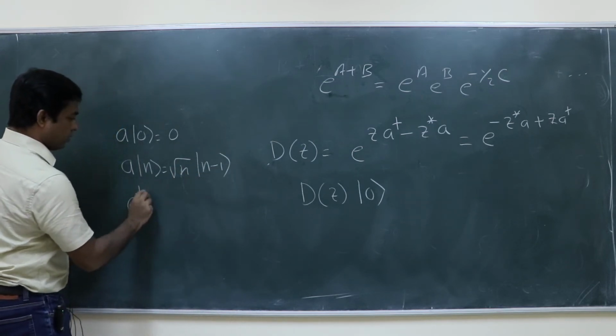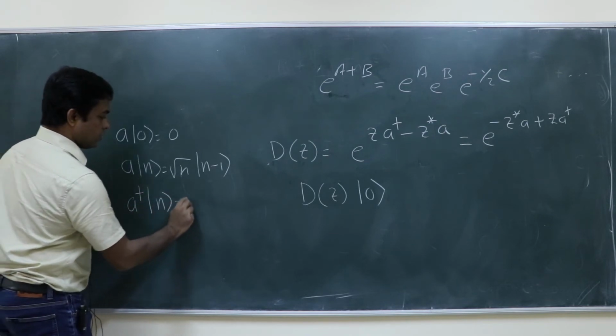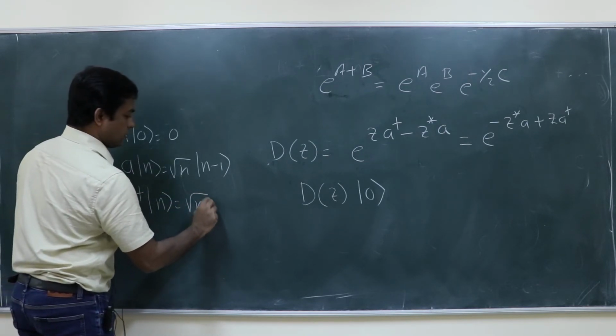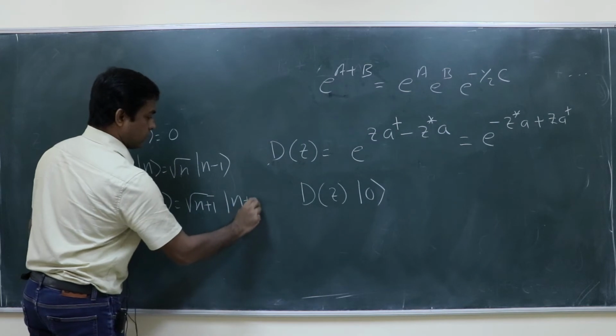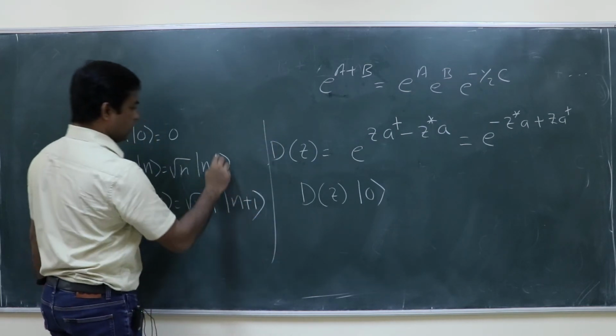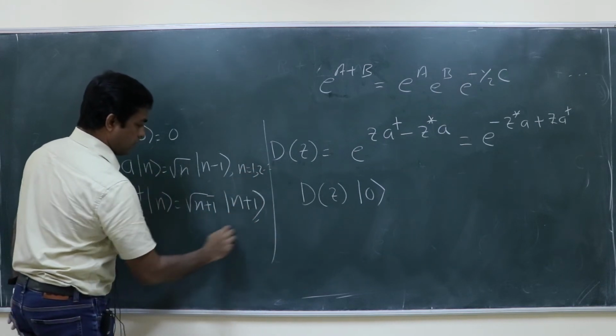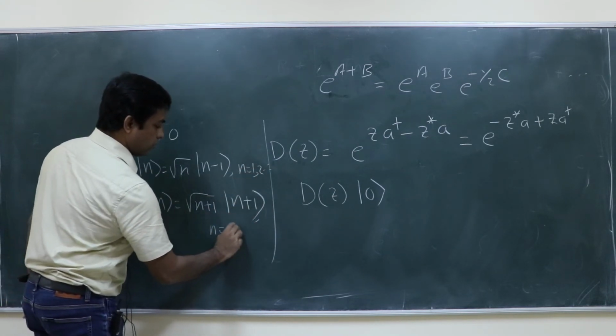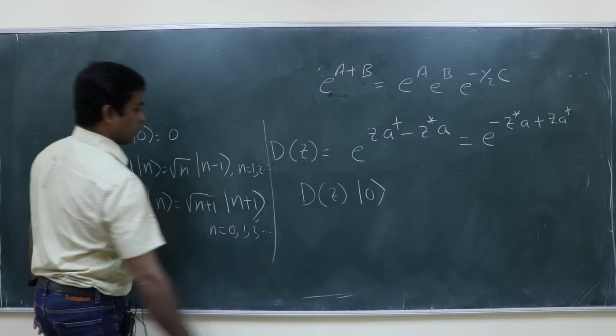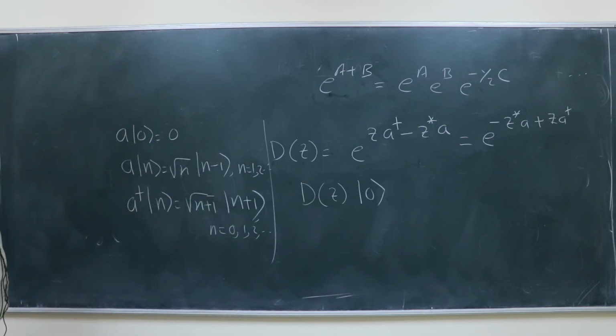A dagger acting on ket n is root n plus 1 ket n plus 1. Here n is equal to 1, 2, etc. Here n is equal to 0, 1, 2, etc.